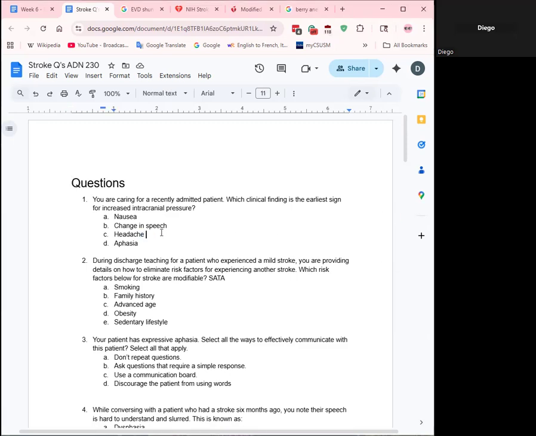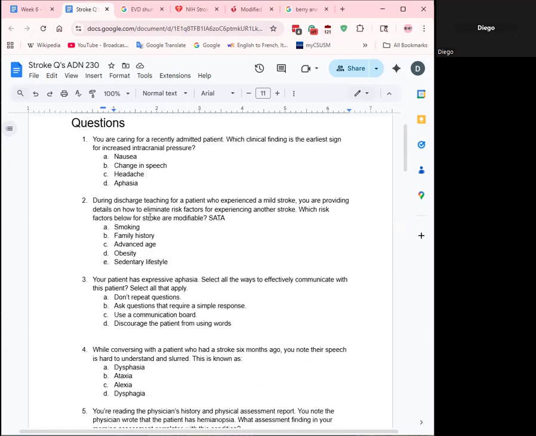Another really good answer, other than the headache, would be altered level of consciousness. Altered level of consciousness and headache are the two earliest signs of increased intracranial pressure, which makes sense. You have increased pressure in your brain.